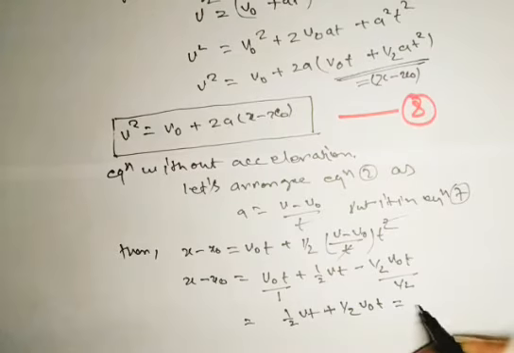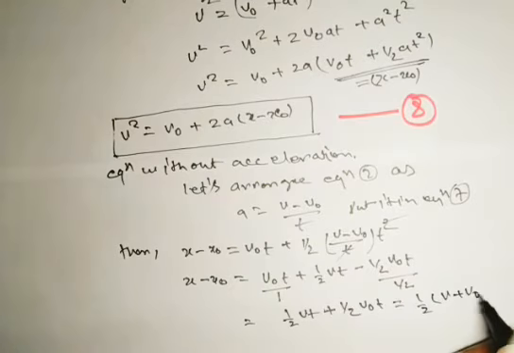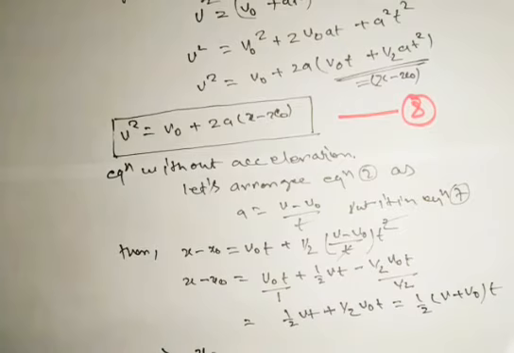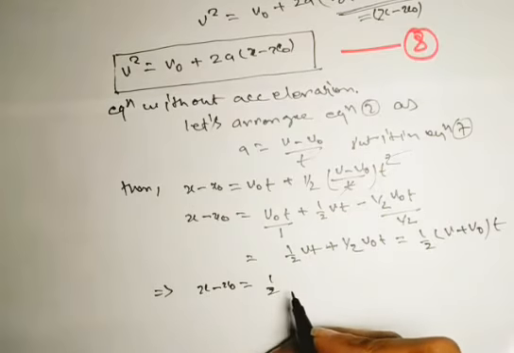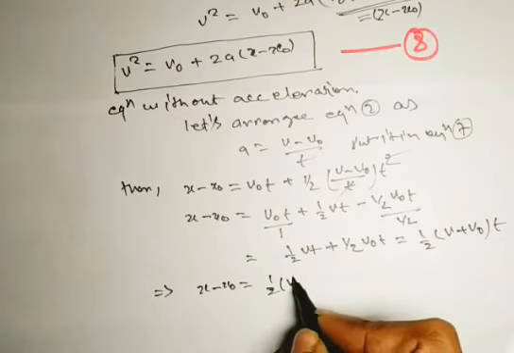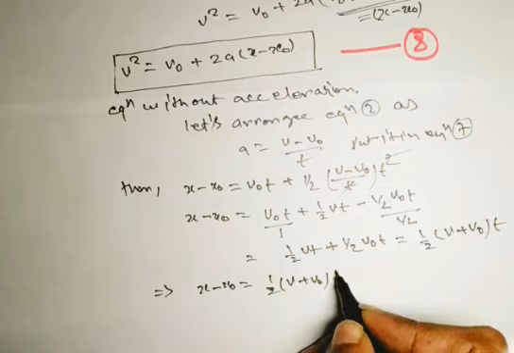That implies it will become half v plus v naught into t. That implies x minus x naught is equal to half v plus v naught into t.